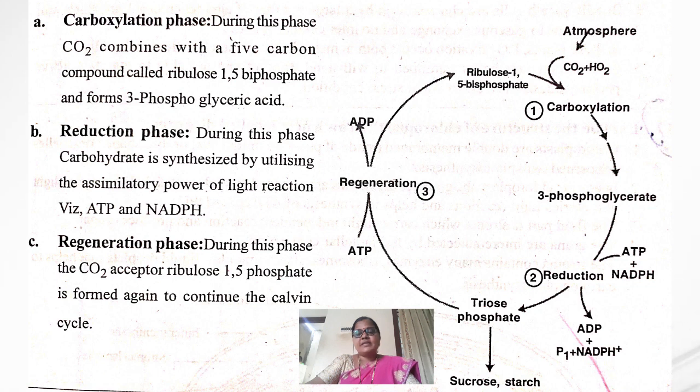In the reduction phase, carbohydrate is synthesized by utilizing the assimilatory power of the light reactions, ATP and NADPH. And in the regeneration phase, the carbon dioxide acceptor, ribulose 1,5 bisphosphate, is formed again to continue the Calvin cycle.